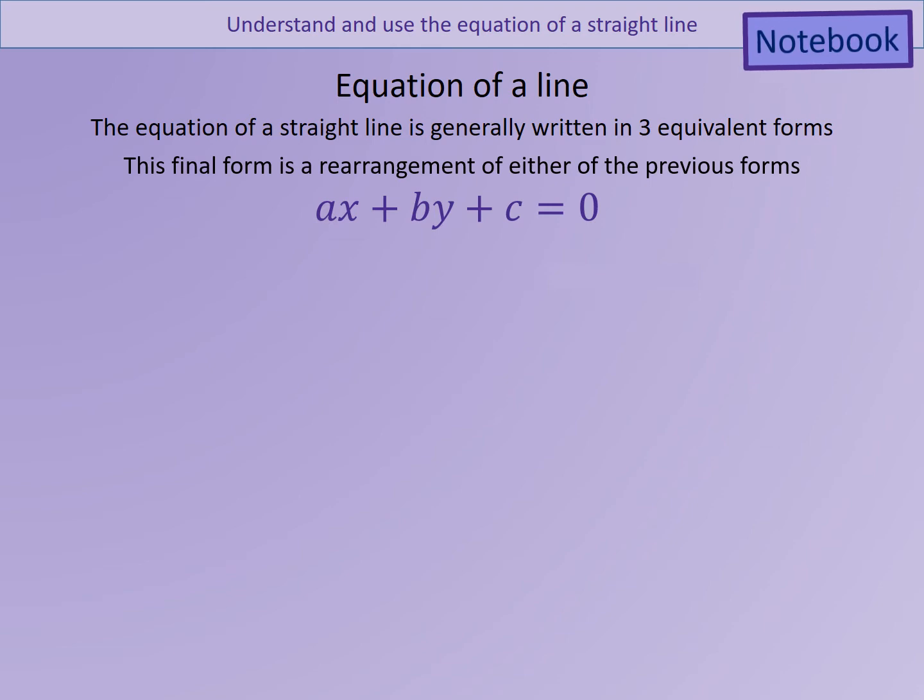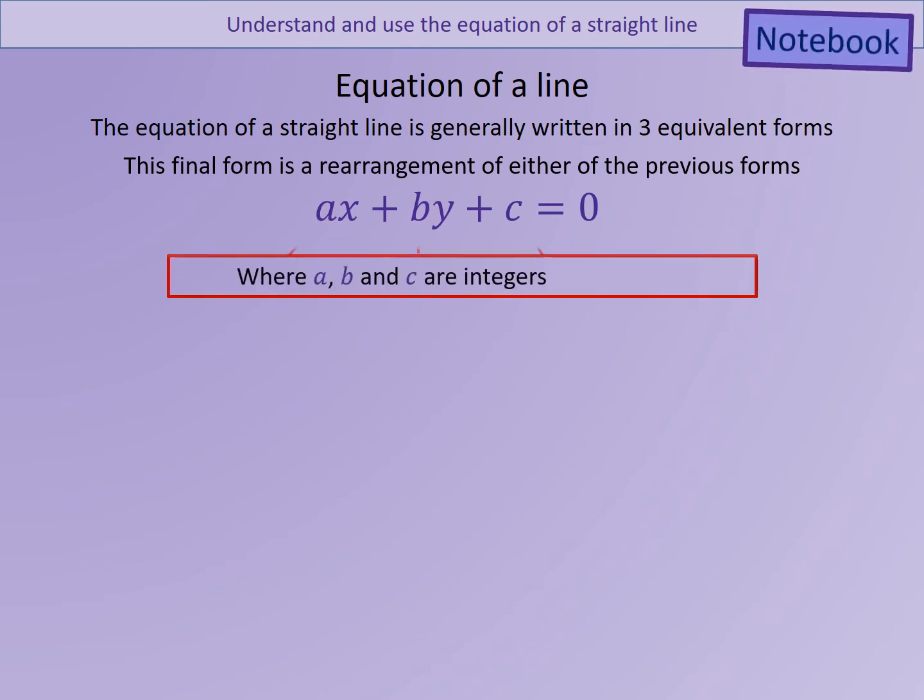Sometimes they don't bother, but just read the question carefully and make sure you know exactly what form you need to give your final answer in. So as it says here, a, b, c are integers 95% of the time. That's what is required. Sometimes if it doesn't mention it though, you don't necessarily have to have a, b and c as integers. Just read the question carefully and see what it asks.